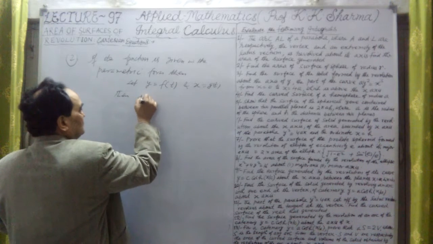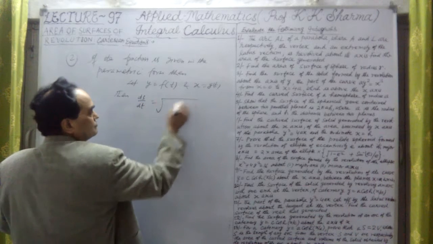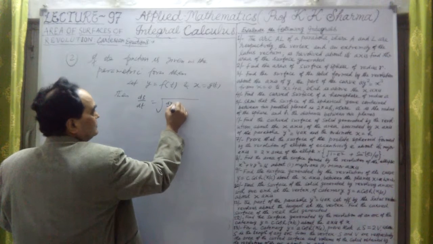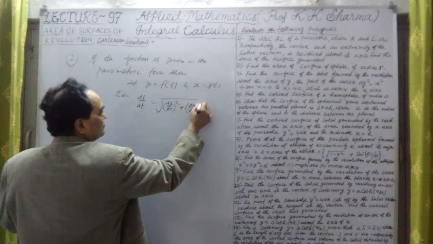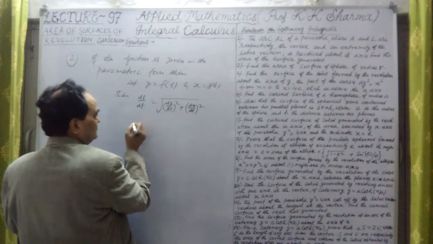ds upon dt in this case is given by the square root of dy upon dt whole square plus dx upon dt whole square. This value of ds upon dt we will calculate. And what is the formula for that?